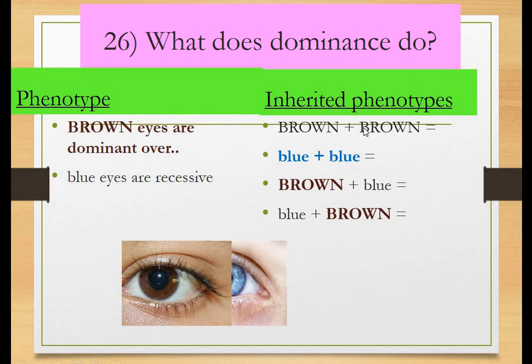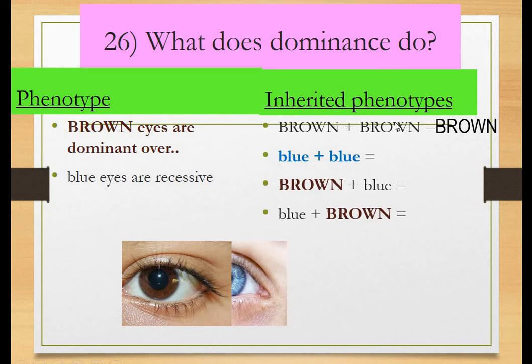So if someone has two brown eye genes, what color eyes do you think they'll have? If they have blue and blue, two blue-eyed genes, what color eyes will they have? If they have a brown and a blue-eyed gene, what color eyes do you think they'll have? And if they have a blue and a brown-eyed gene, what color eyes will they have? Remembering that brown is dominant over blue.